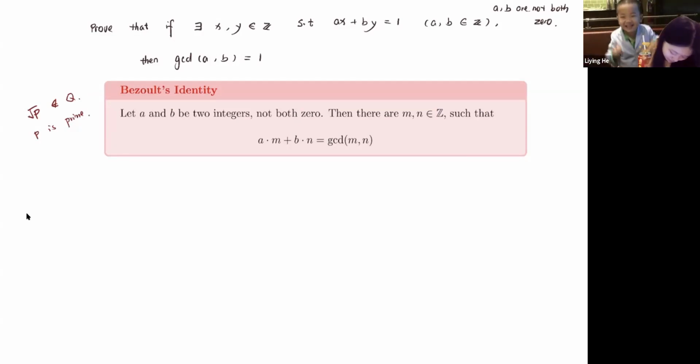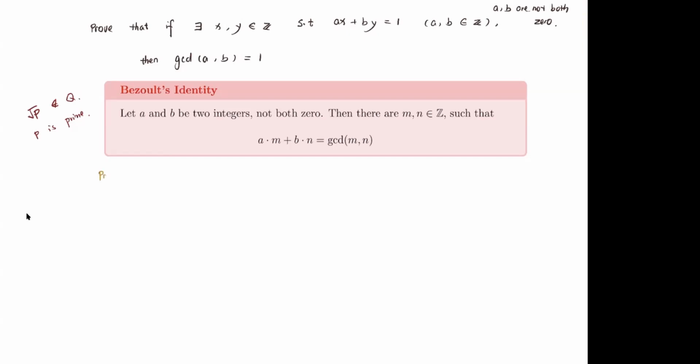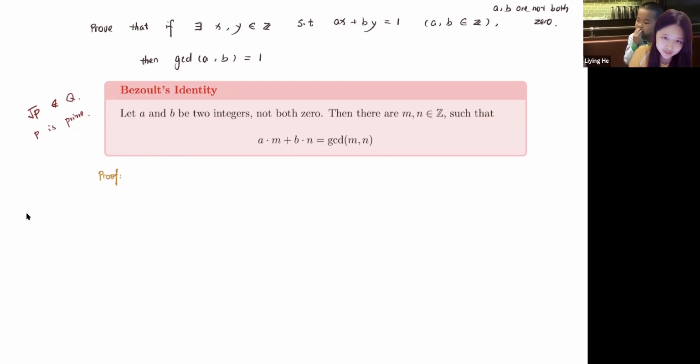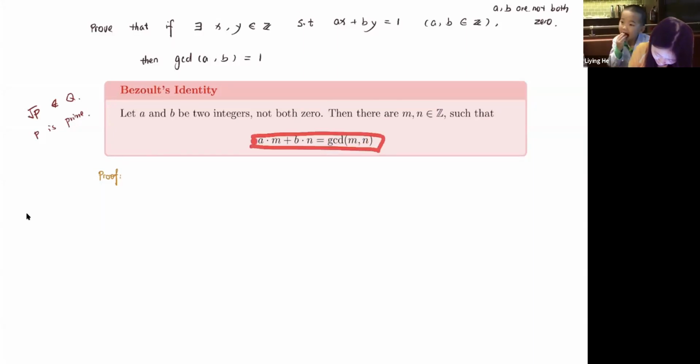I'll write down my proof while you continue thinking about it. Doesn't this just straight away prove it? No. This gives you that if the GCD of two numbers equals something, then you have this.